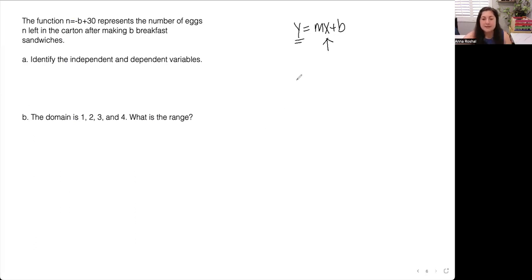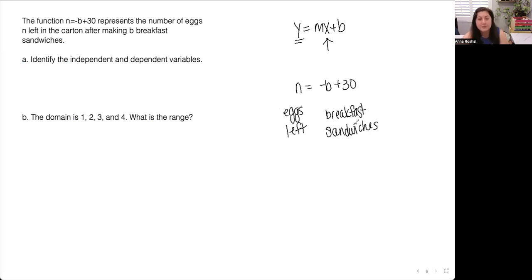Why is this relevant when we're looking at n equals negative b plus 30? Well, this is how many eggs I have, right? So this is how many eggs are left after I make breakfast sandwiches. If I'm looking at how many eggs I have left, I need to know how many breakfast sandwiches I've made, right?